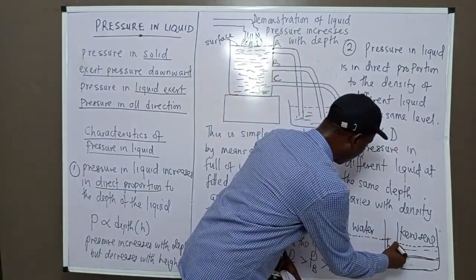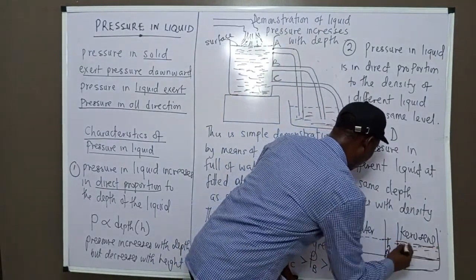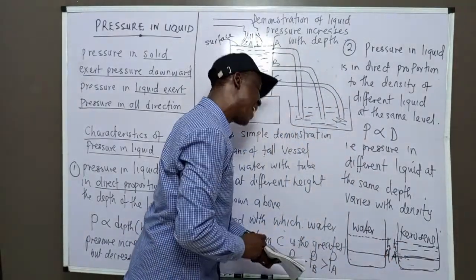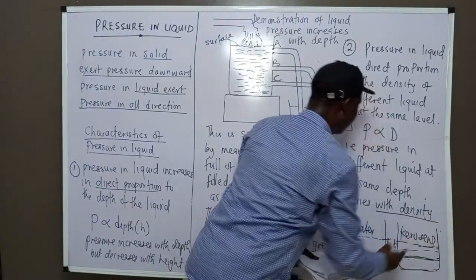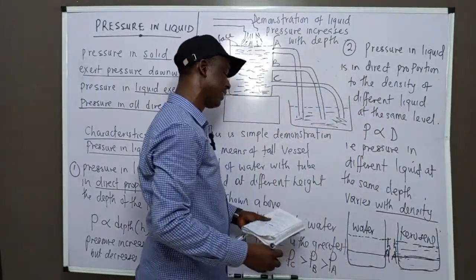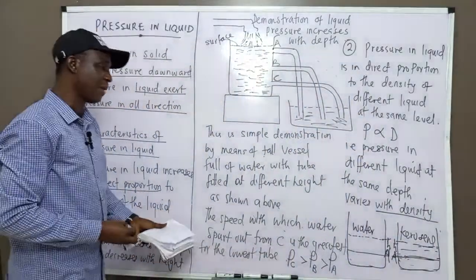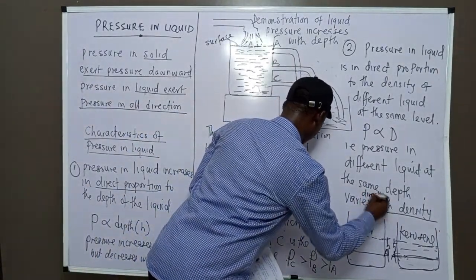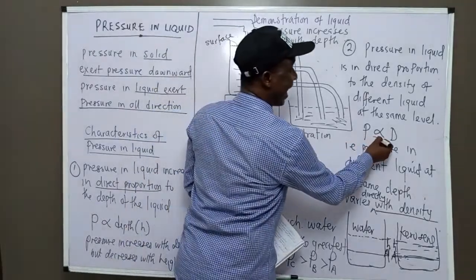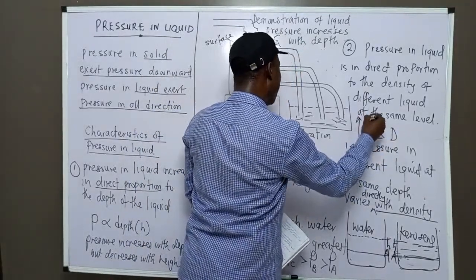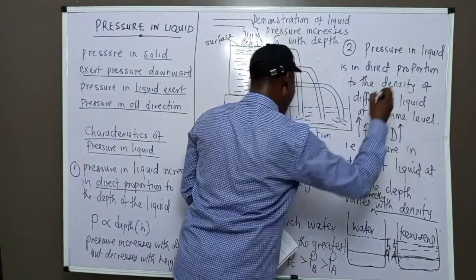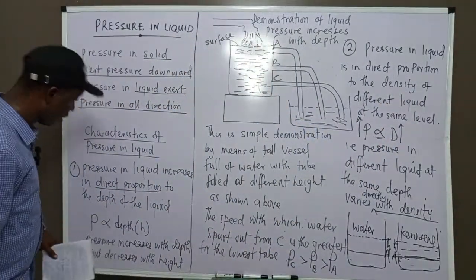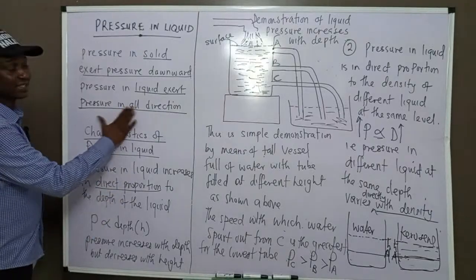You can put it directly here; directly is missing. You know why? Because this is a direct variation. Increase in density will lead to increase in pressure. Let's clear this part.